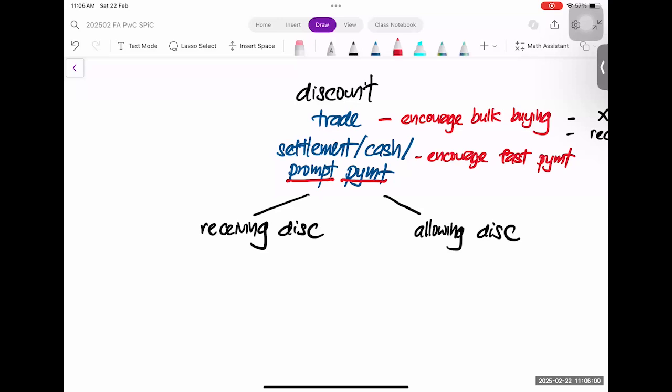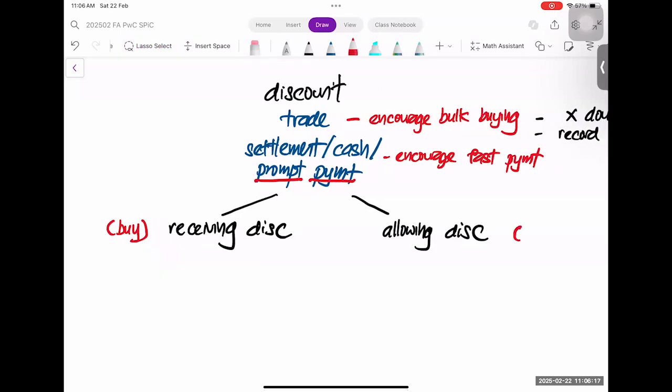Under what situation do you receive a discount? When it's a purchase transaction, when you are buying something, then you receive a discount. So the opposite, when do we allow a discount? When you are selling something, you allow some discount to your customers.